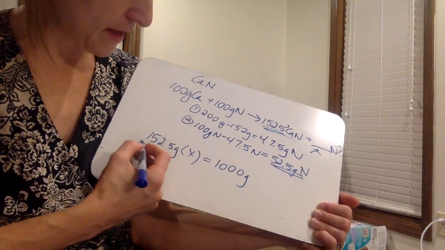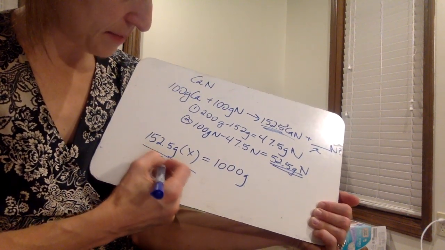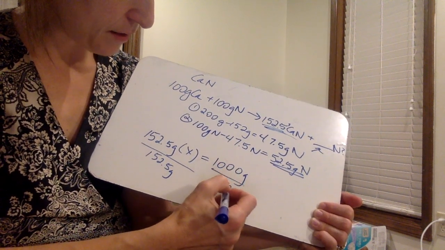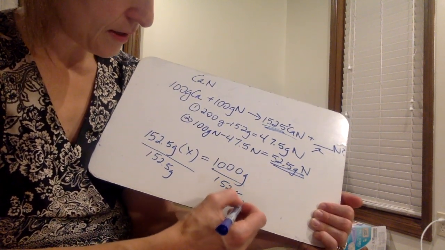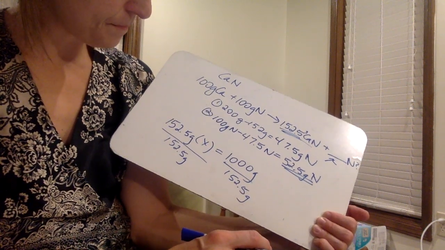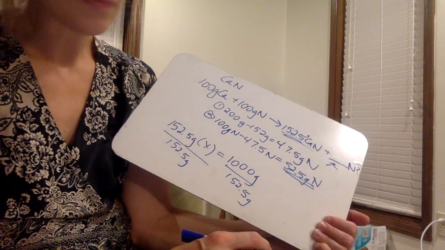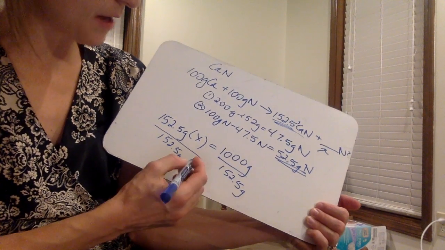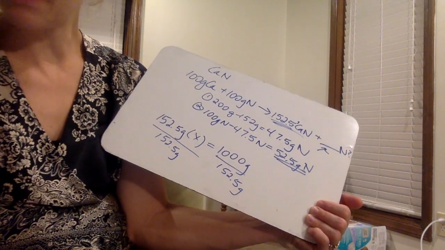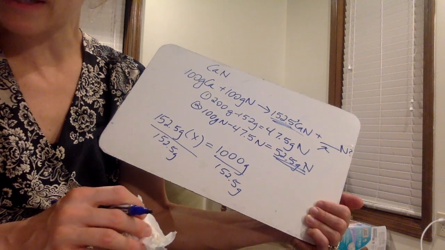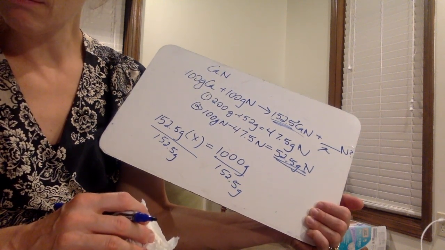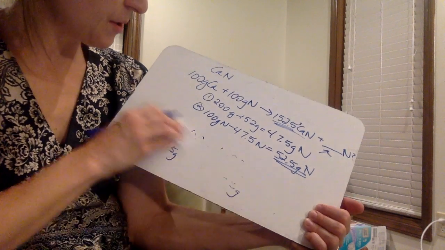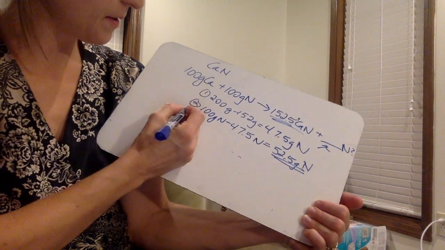Okay, well, how do I solve for that? I just divide both sides by 152.5. Hopefully that part isn't confusing, it's just basic algebra. And that gives me, if I remember correctly, 6.6. Let me write this out right here.